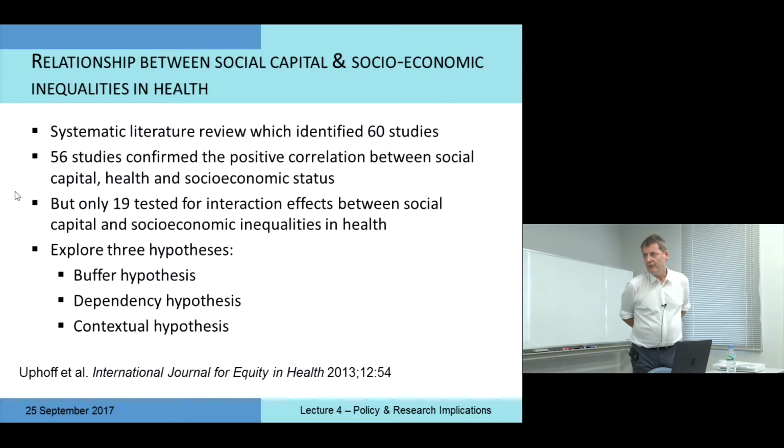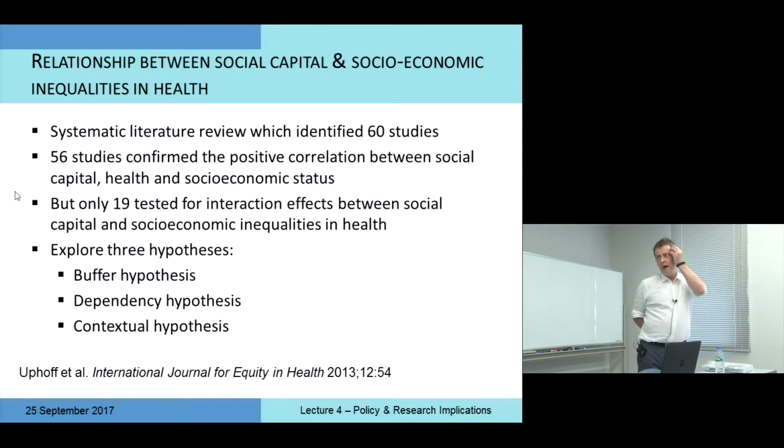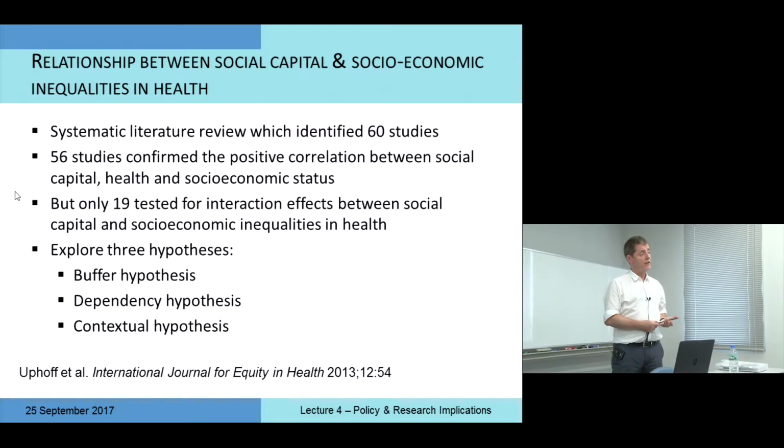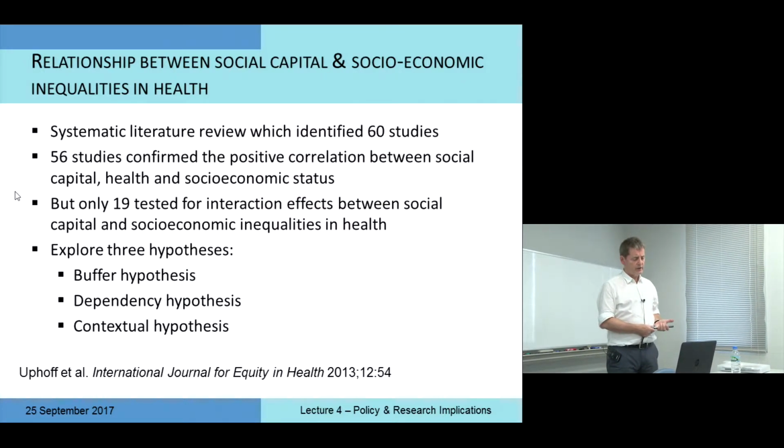So there's quite an interesting paper just a few years ago, Uphoff and colleagues, published in the International Journal for Equity in Health. What they did was a systematic literature review. And what they wanted to know is anything known about the relationship between social capital and socio-economic inequalities in health.